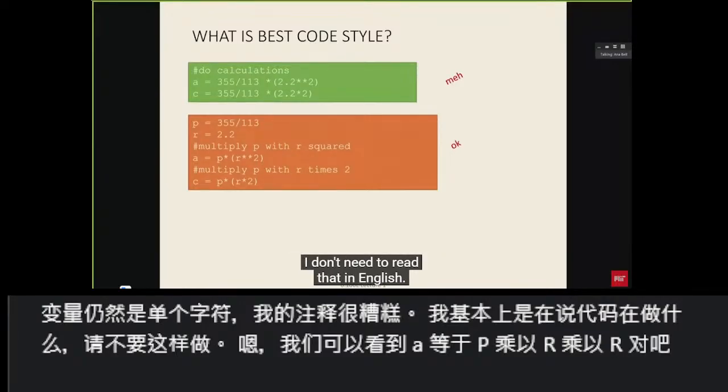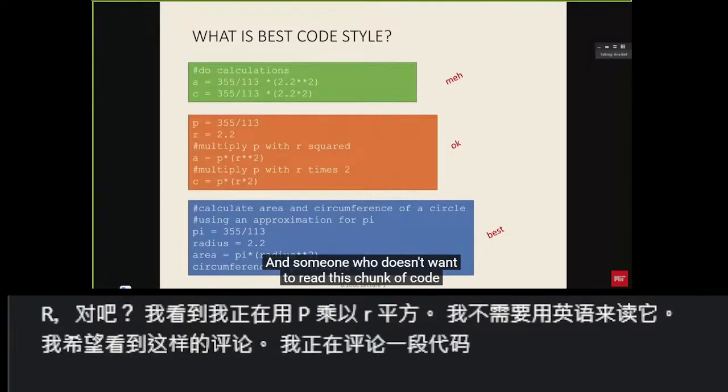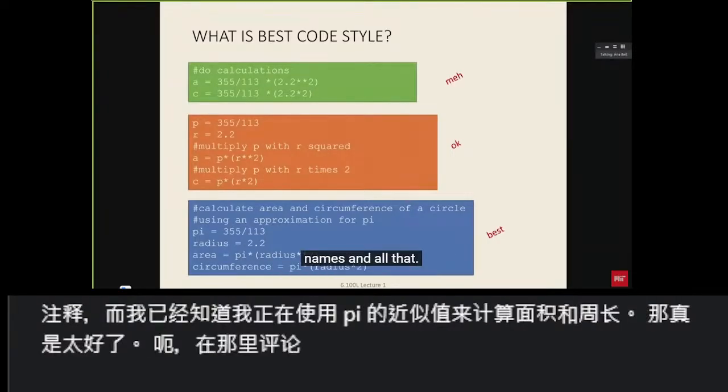I don't need to read that in English, right? What I would like to see is a comment like this. Here I'm commenting a chunk of code, and someone who doesn't want to read this chunk of code just reads the comment, and I already know that I'm calculating the area and circumference using an approximation for pi. That's a pretty nice comment there, and good descriptive names and all that.